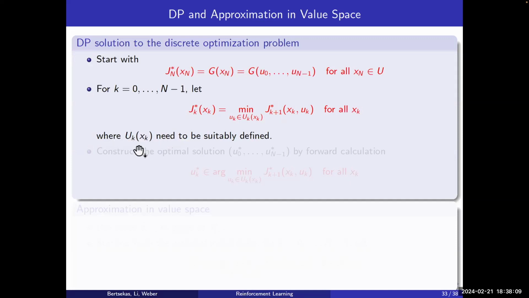And the control constraint set U_k, of course, depending on the problem, needs to be constructed or defined suitably. After we obtain all J star, we can construct the optimal solution by forward calculation, one component at a time, starting with u_0 star by minimizing over J star of 1 and so on and so forth. And eventually we construct the sequence.